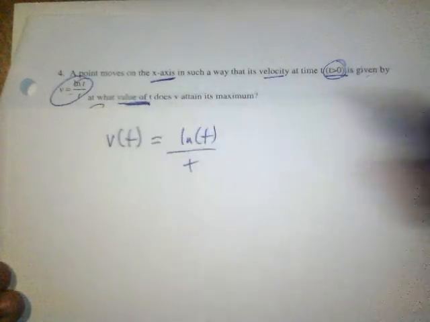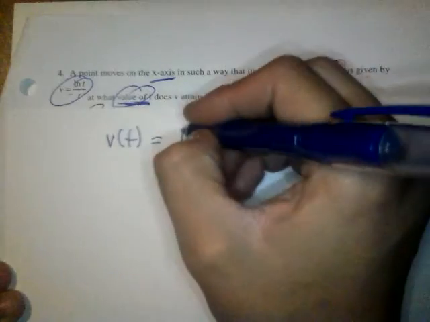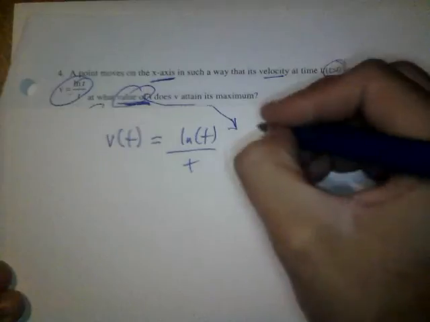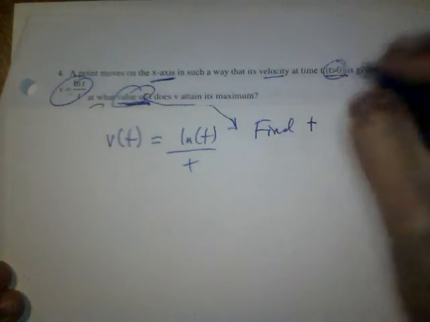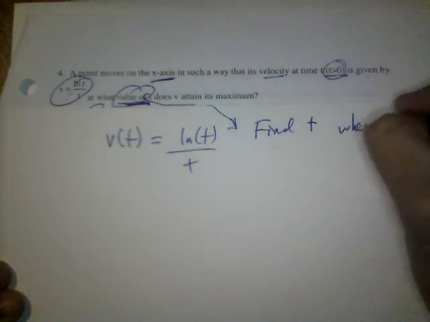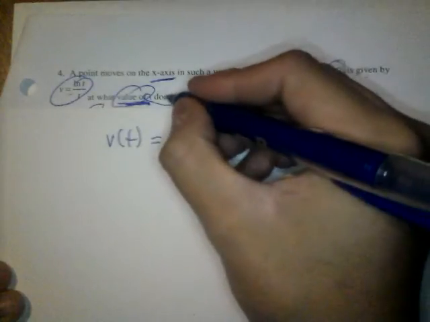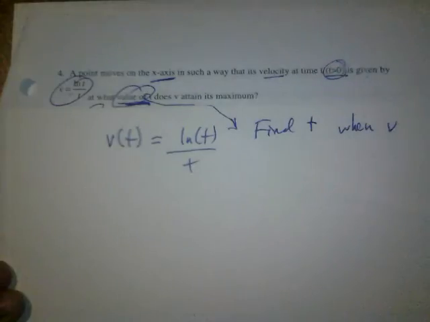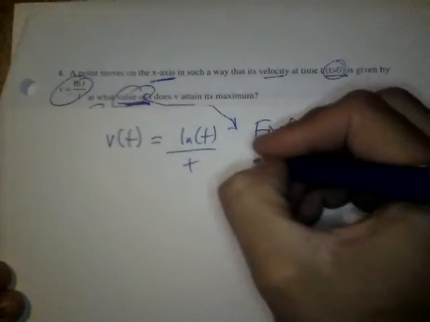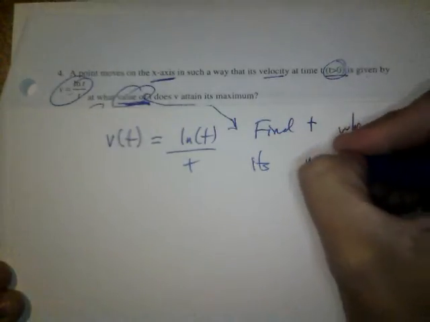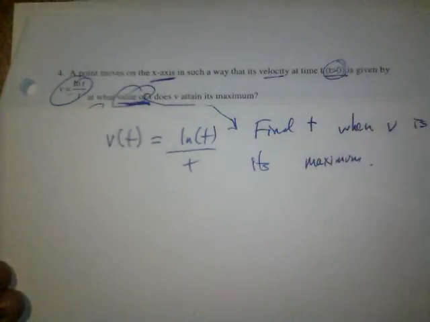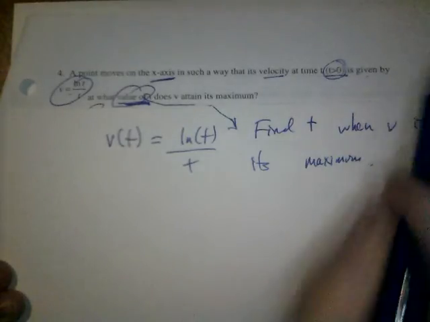At what value of t, so this is just, I want to find t. When it says value of t, this basically means find t when v attains its maximum. So what we have to do is recognize our keywords.